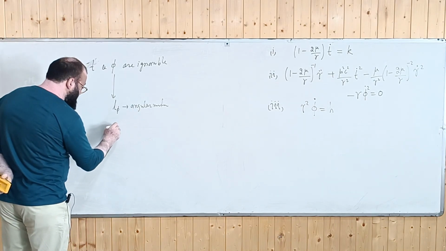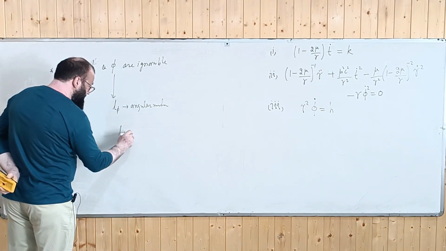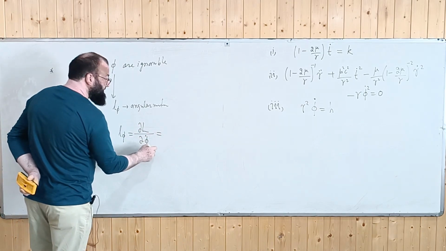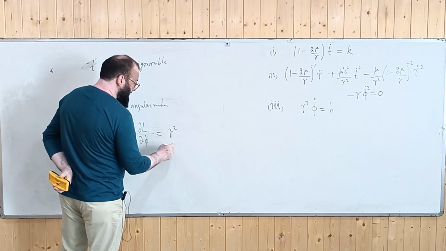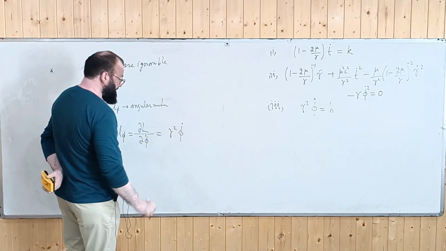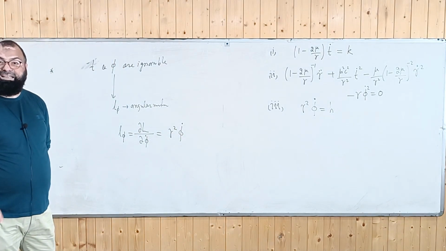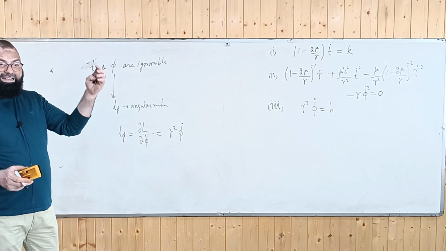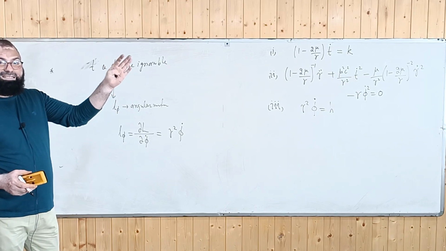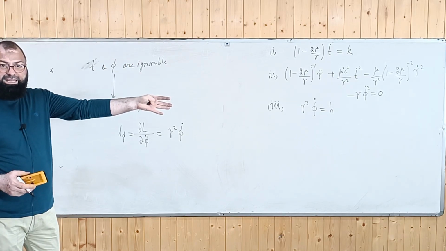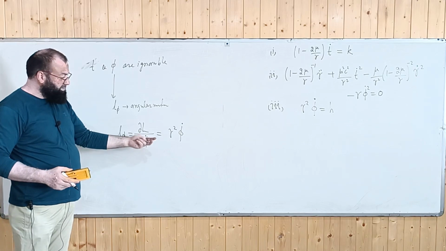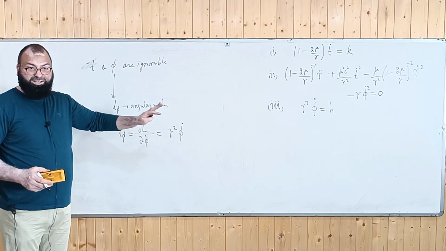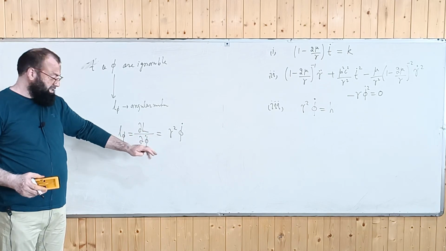Now let's look at that very thing. What is our L phi? It will be simply partial L by partial phi dot. How much is that? That's simply equal to r square phi dot. Is it true? You start with the Lagrangian, and in the Lagrangian the last term is r square sine square theta phi dot square. We are in the equatorial plane, that's why I have not taken sine square theta. That is the simplest case.